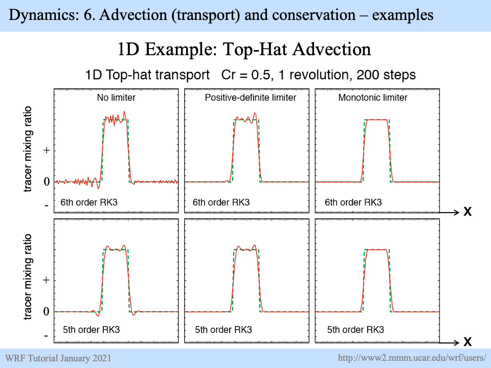So we had a significant positive bias in precipitation, and by using the positive definite option, that bias is gone. So that's why it's a default.